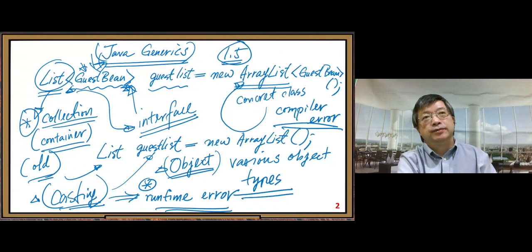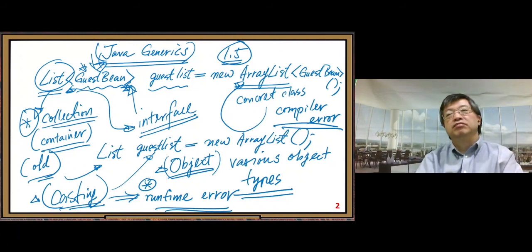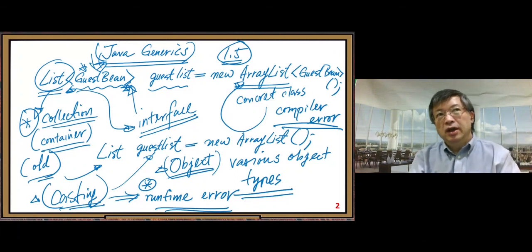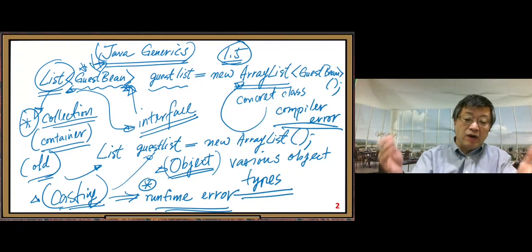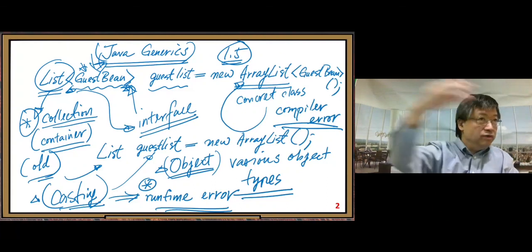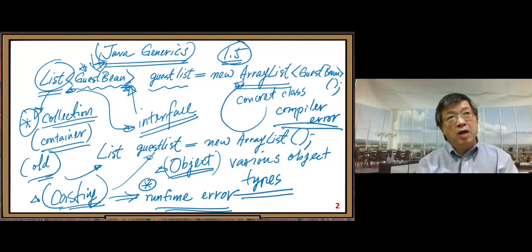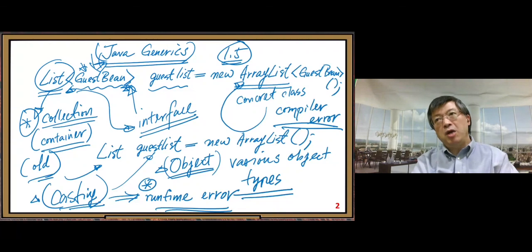So this is the Java generics topic. After you understand it, you will see Java generics in many places later, because it is very common. Here you have a chance to understand this topic.